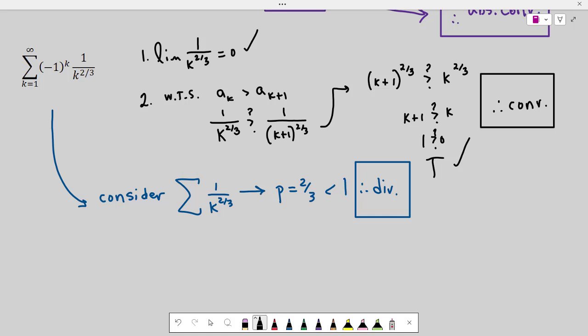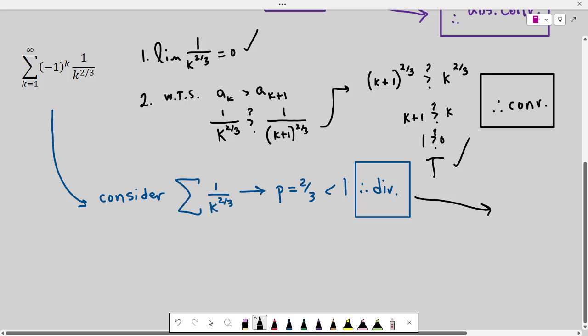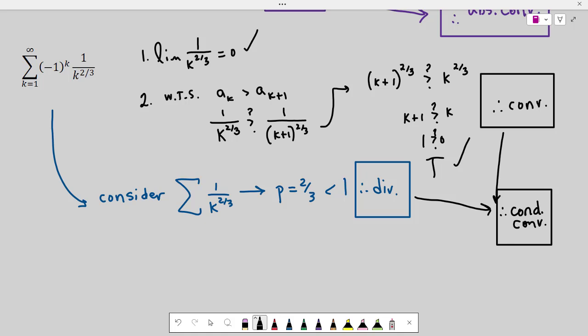So what do these two things then lead us to? What type of overall convergence? Conditional. So this will be conditional convergence, because the series of absolute values diverged. If the series of absolute values diverges, then you need the minuses. Got to have the minuses.